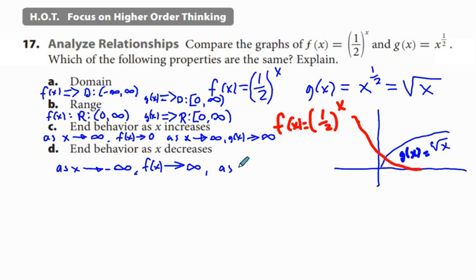As x approaches negative infinity, g of x doesn't even exist. You don't go past the y-axis. G of x does not exist. So, which of the following properties are the same? Well, the answer is none. We'll just explain by working out all these characteristics.